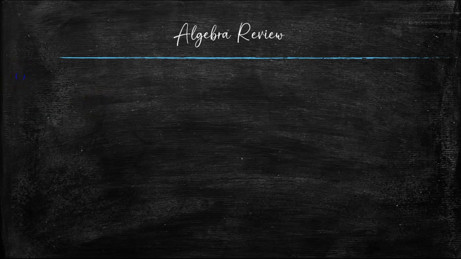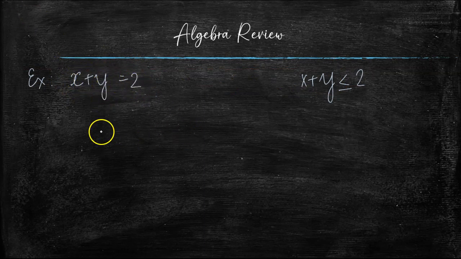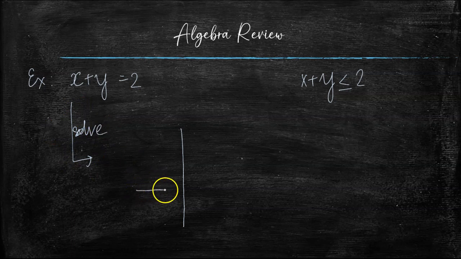If I ever have to solve this inequality, I would graph the solution of the corresponding equation. So let me put this on the right side. I would consider the corresponding equation. I would produce the graph. So again, I would solve it.